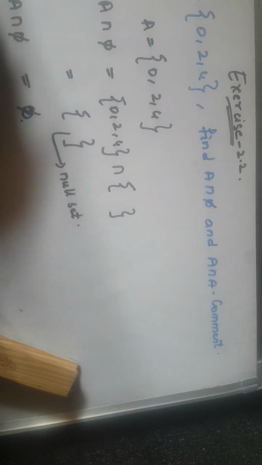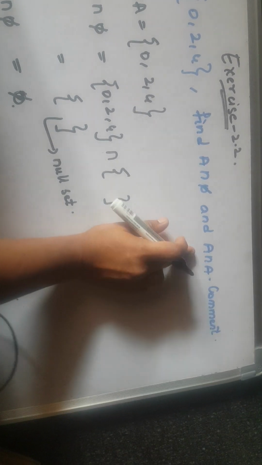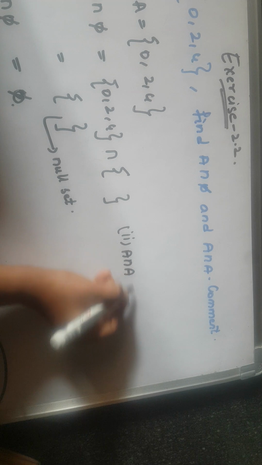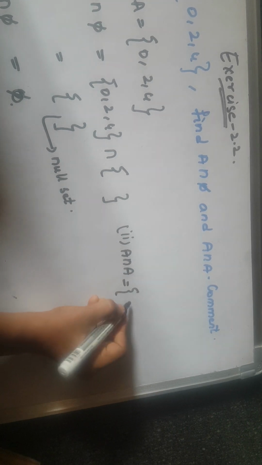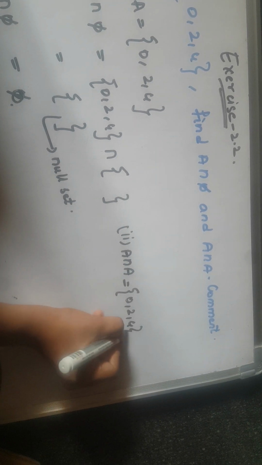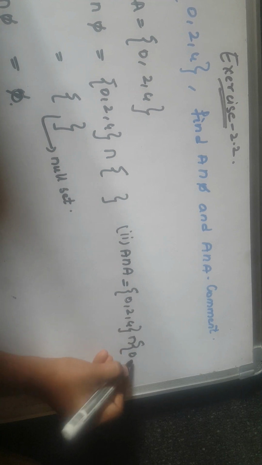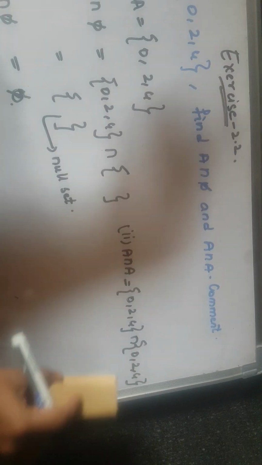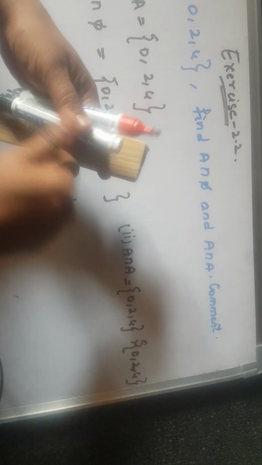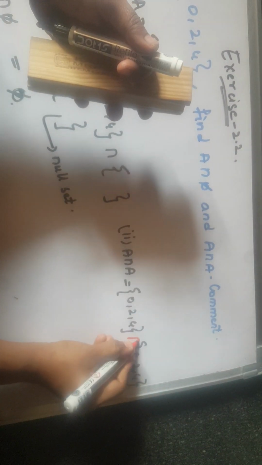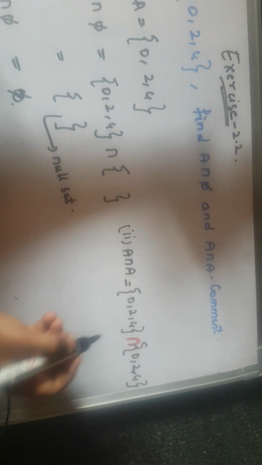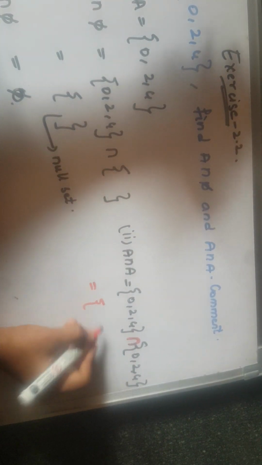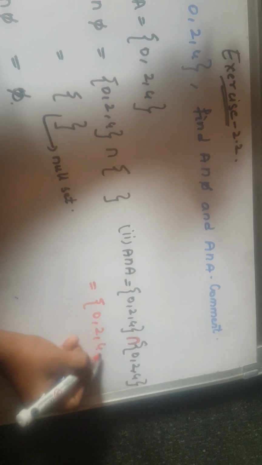And the second one we have to prove is A intersection A. Now take the value A intersection A. What is the value of A? 0, 2, 4. Intersection, what is the value of A? 0, 2, 4. So when we do A intersection A, this value becomes 0, 2, 4.